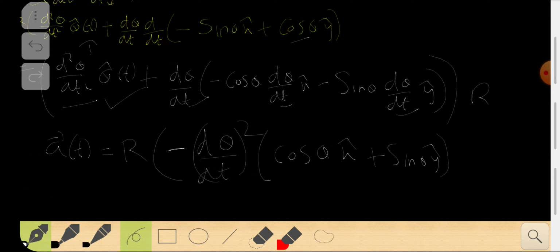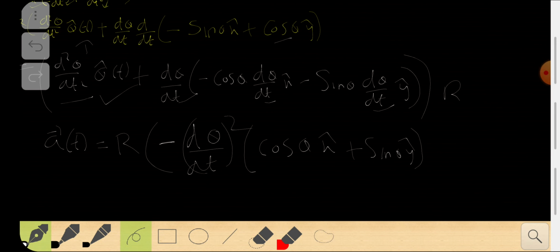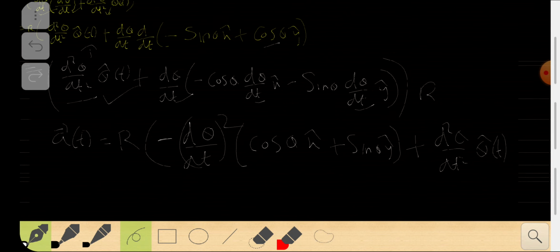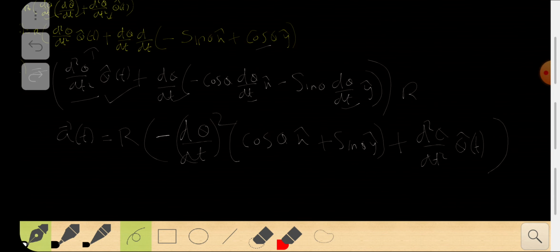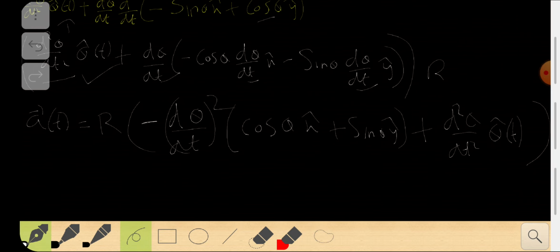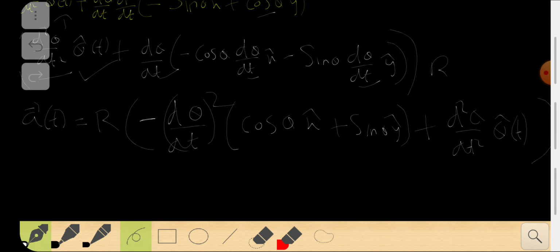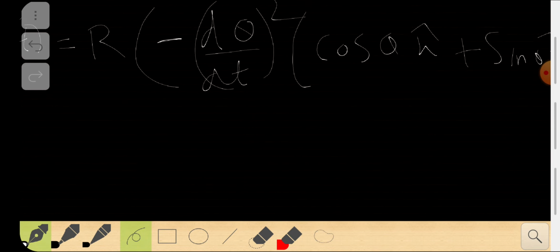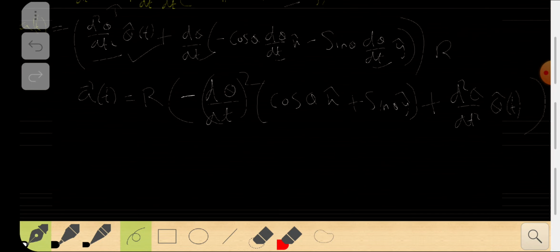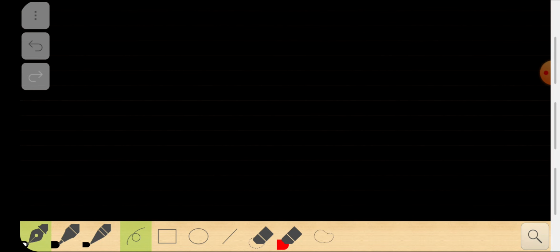Plus this term as well, so plus d square theta by dt square in the theta cap of t. That's what is remaining, and r is multiplied to both of them. Now if you look at this closely, I think you guys won't be able to see anything because we are zoomed out so far.